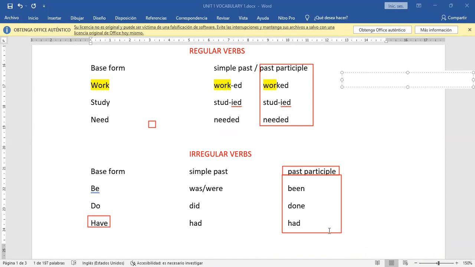What do you think they mean? Teacher, past participle en regular verb es lo mismo. Yeah, it's the same. But the meaning, what does worked mean in Spanish? Ha trabajado. Trabajando.